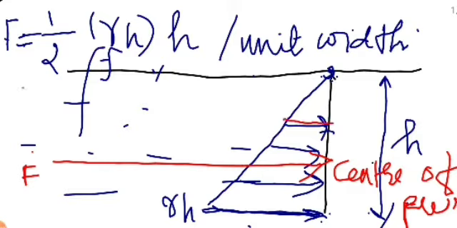That is, if we take a simple strip, dy into B is the area of the fluid contained within that, and the pressure is gamma y. At any depth it is gamma y. So it is gamma y dy B, where B is the width. And on integrating, we get half gamma h square only. So where does it act?